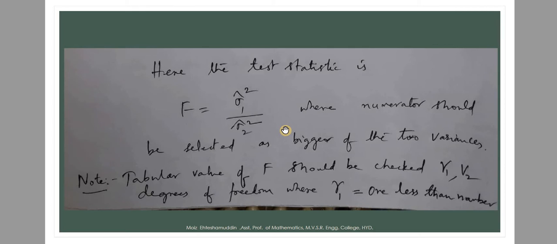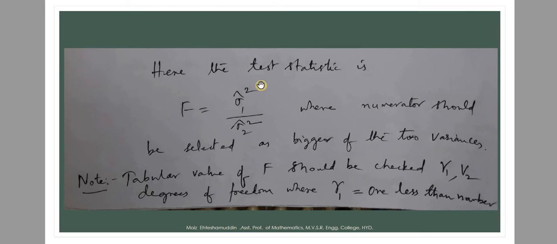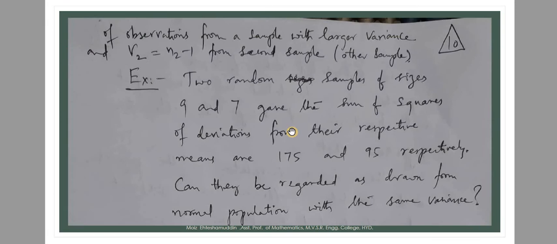But one point to be noted: once we calculate the variances of the 2 samples, we need to calculate gamma 1 as 1 less than the number of items from the sample with larger variance. We take this value from the sample with greater variance and this from the sample with lesser variance, so that the numerator is always greater than the denominator. We will see in the problem.